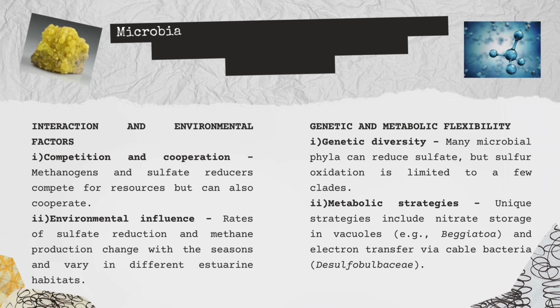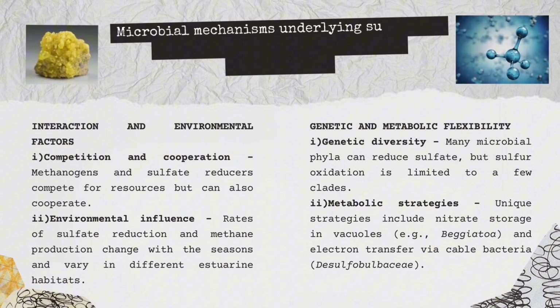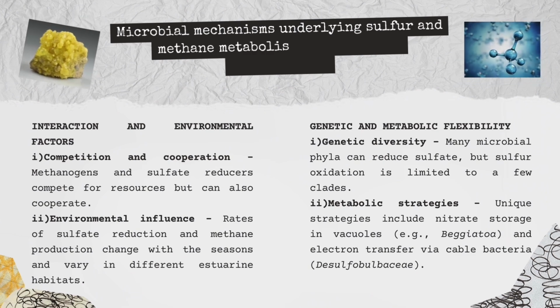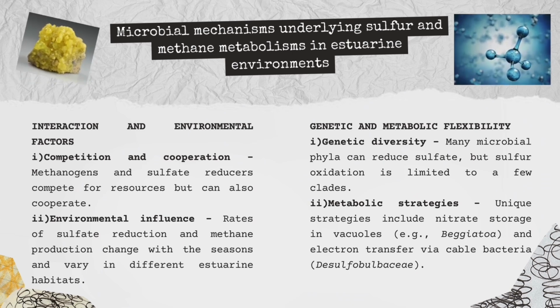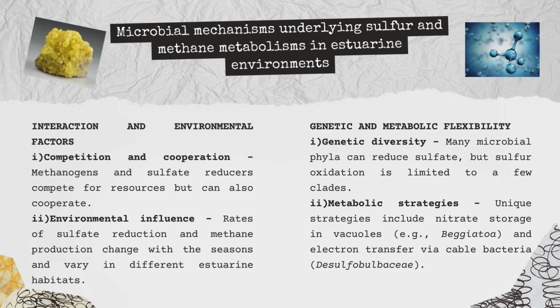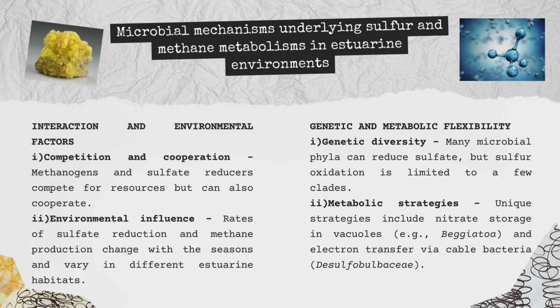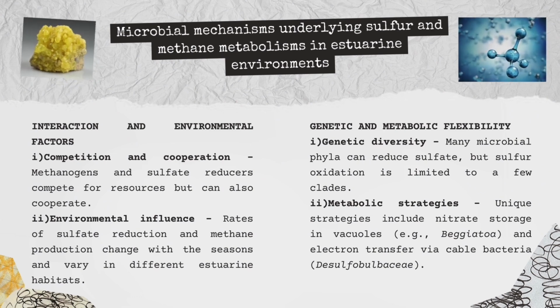The third one is interactions and environmental factors. For competition and cooperation, methanogens and sulfate reducers compete for substrates but can coexist through syntrophic interactions. As for environmental influence, the rates of sulfate reduction and methane production vary seasonally and across estuarine habitats. The last one is genetic and metabolic flexibility.